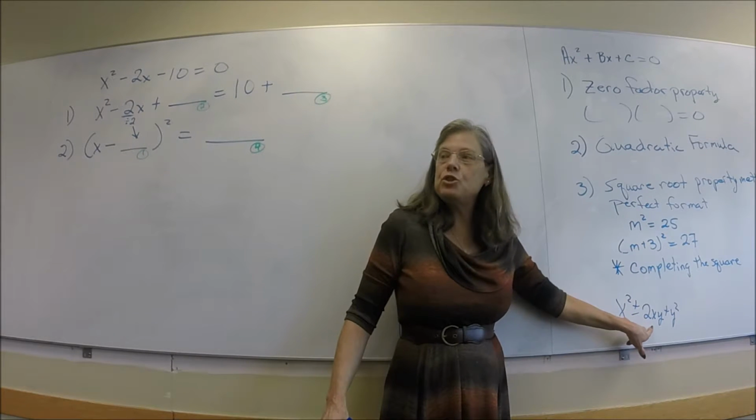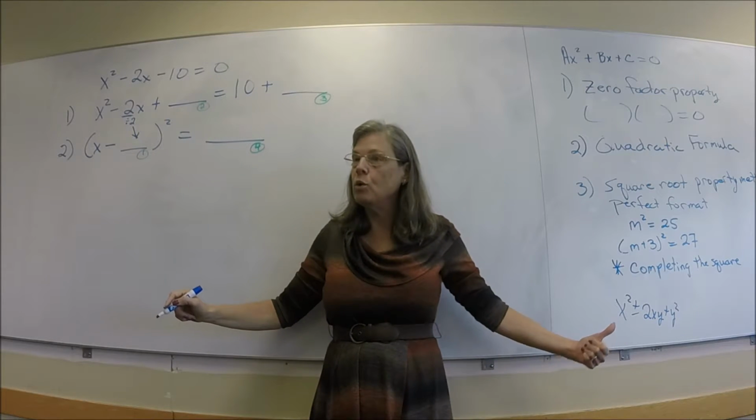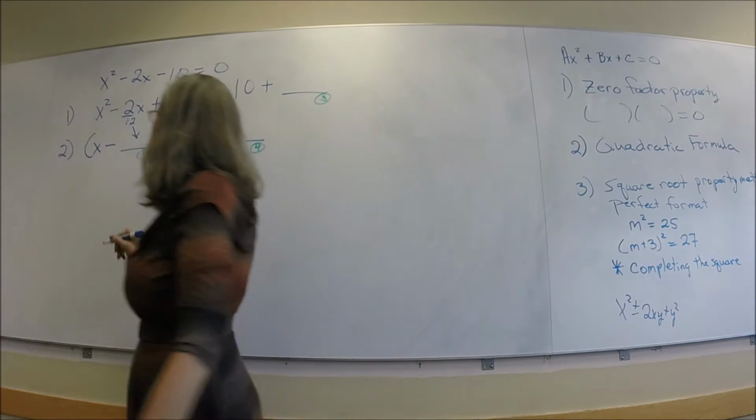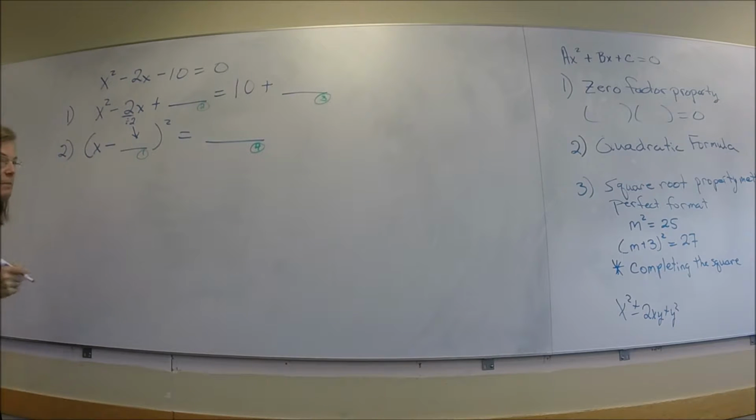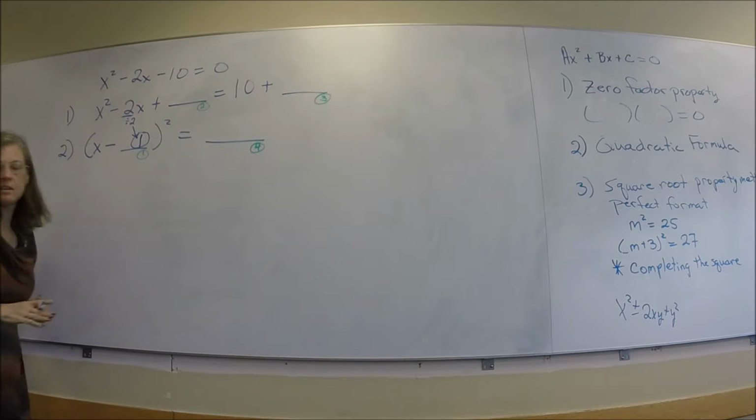But our middle term is 2 times x times y. Well, I'm undoing that by dividing by the 2, okay? Make sense? So what's 2 divided by 2? 1. That goes here.